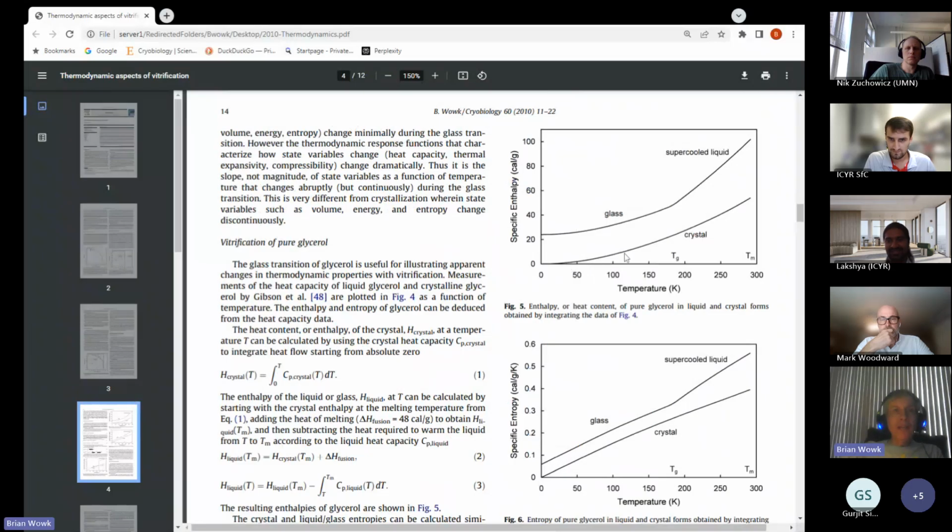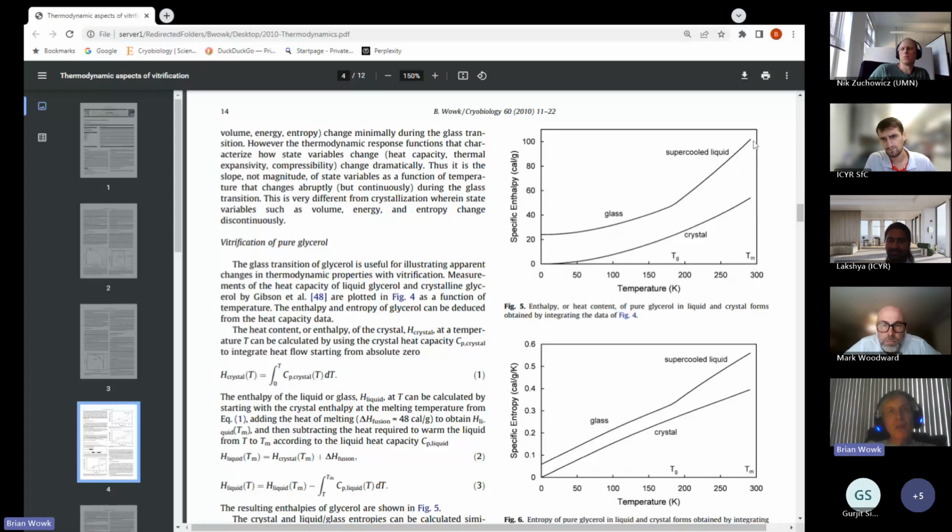imagine that we're adding heat and we're observing this crystal of glycerol warming up, and this is basically the integrated amount of heat that we've put into it to get up towards its melting point. And then as we keep adding heat, the temperature stops rising because that heat now is melting the crystal to make liquid glycerol.